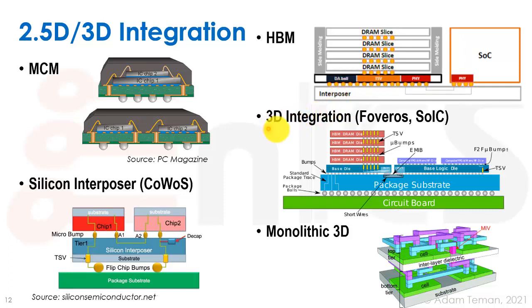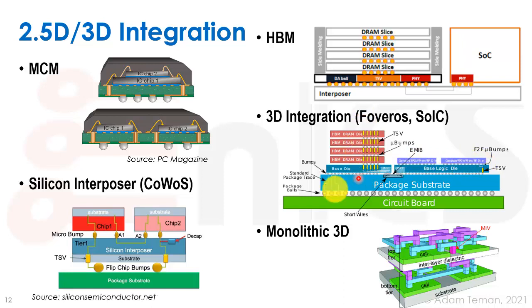The newer stuff that's come out recently is Intel has a process called Foveros, and TSMC has SoIC, and there are different ones from a couple of different companies that they've shown real 3D integration, where we have some sort of a mixture of this silicon interposer type of thing, where we have some dies over here that have through via connections and so forth, but we can actually stack in a 3D fashion chips on top of each other and route using through silicon vias between them.